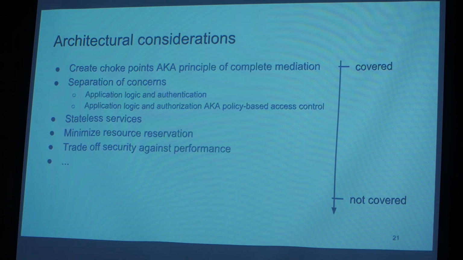We think that's a good idea from an architectural perspective, because you want to keep the business logic as business oriented as possible. You want the least possible amount of infrastructure code in your business logic. This holds true for authentication, and it holds true for authorization as well.